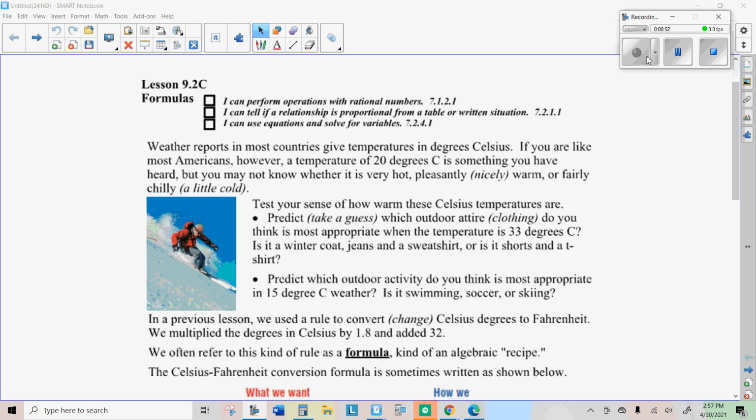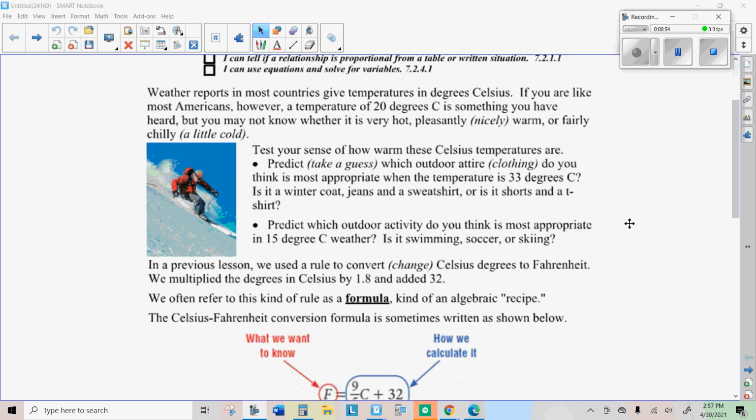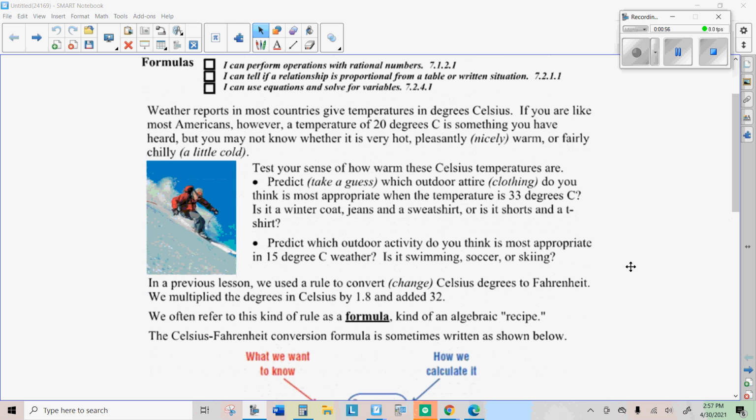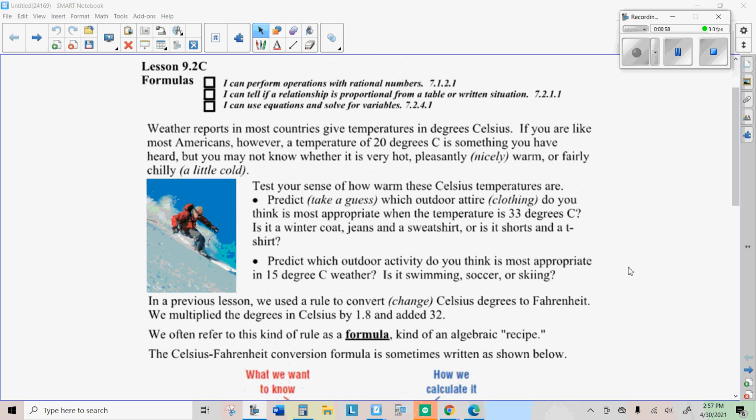So just some rules of thumb here. In Fahrenheit, you freeze at 32 degrees, at least at sea level. And in Celsius, it's at 0 degrees.